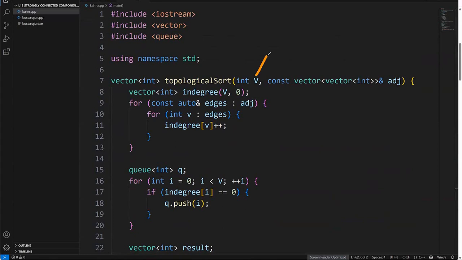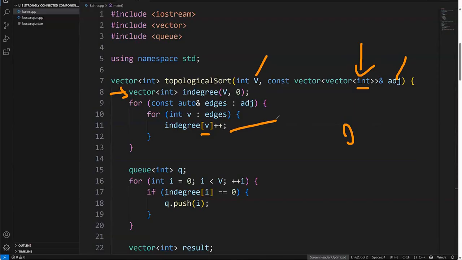You have the number of vertices, and you have a vector of vector of integers. So this one is an adjacency list. I'm sorry, adjacency matrix, okay. So based on this adjacency matrix and number of vertices, you also initialize the incoming edges, how many incoming edges each one has. So basically, you go through every edge in the map and mark the incoming degree. So you check everyone. If someone goes to you, you increase the incoming edge count, okay?